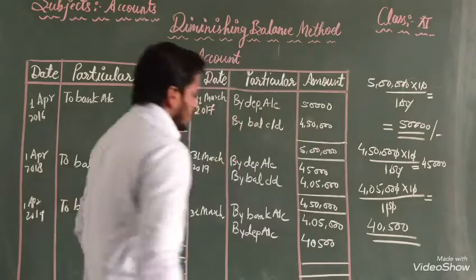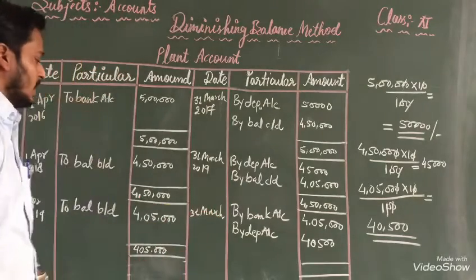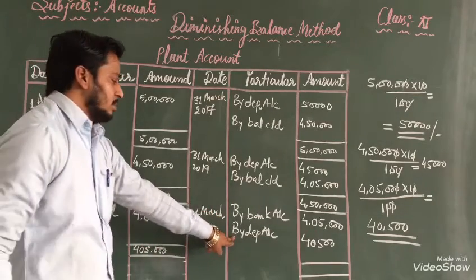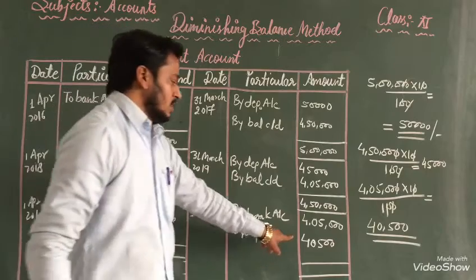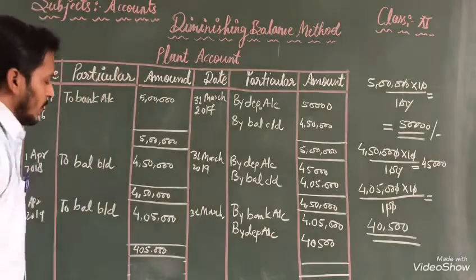Okay, with the help of that we have to calculate these things. Don't forget, that balance is by depreciation, that 40,500 amount is given here. With the help of that we have to close.